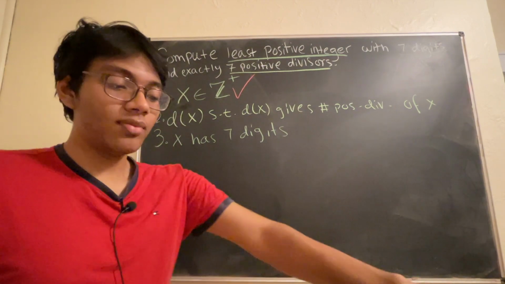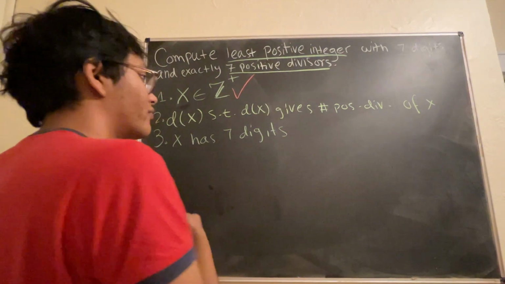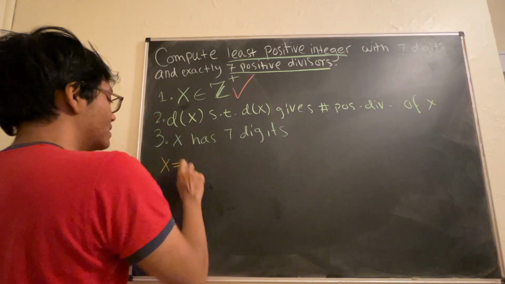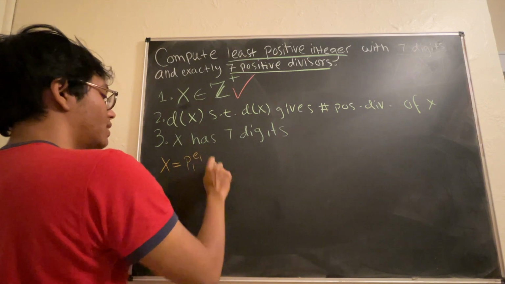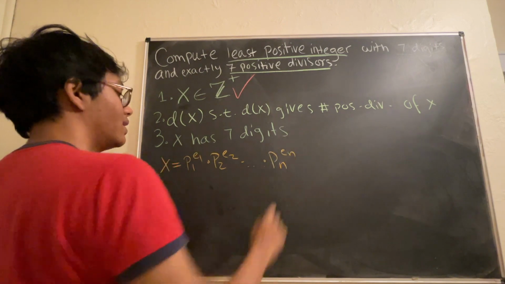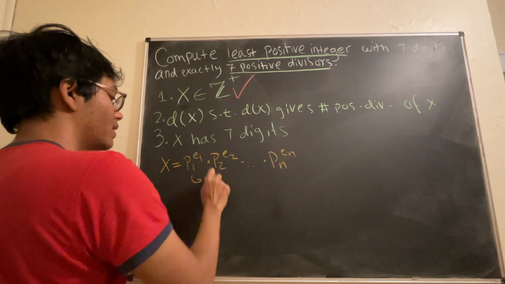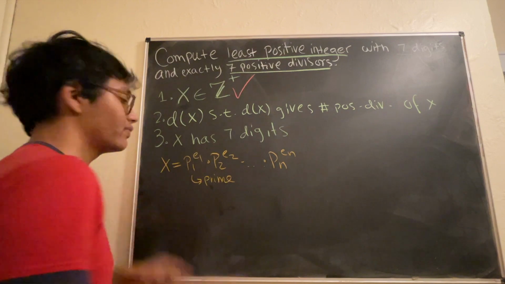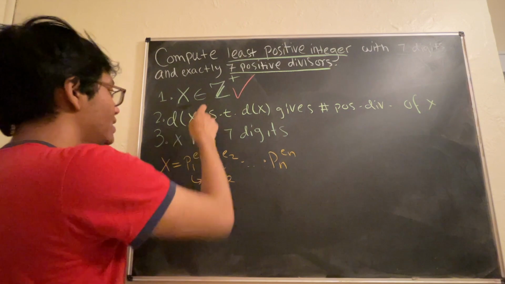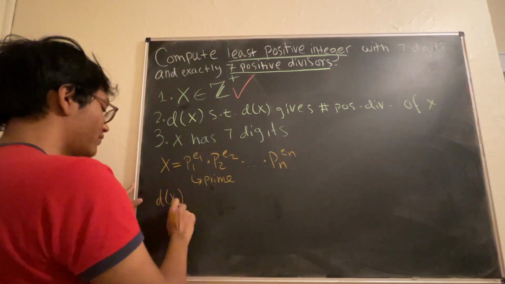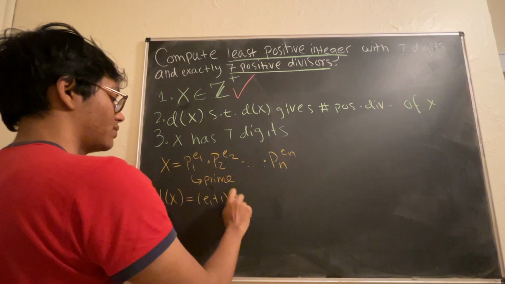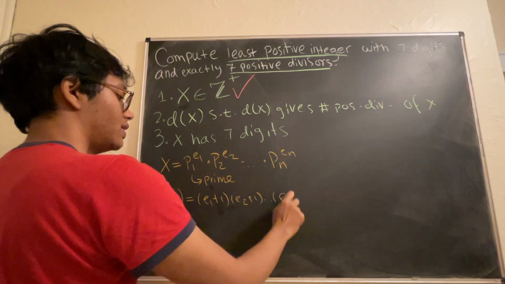For condition 2, you want to think about the formula for the positive divisor function. If I have a number x whose prime factorization is p sub 1 to the e sub 1 times p sub 2 to the e sub 2, all the way to p sub n to the e sub n, where p is a prime number and e is a positive exponent, then d of x, the positive divisor function of x, is just going to be (e sub 1 plus 1)(e sub 2 plus 1) all the way to (e sub n plus 1).